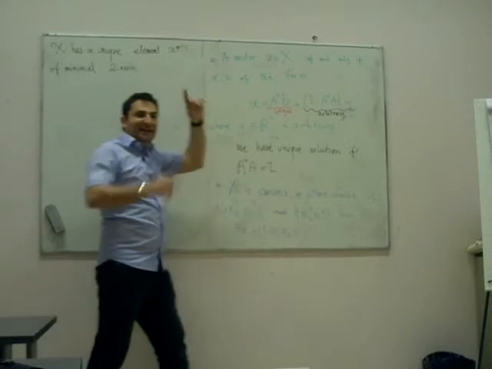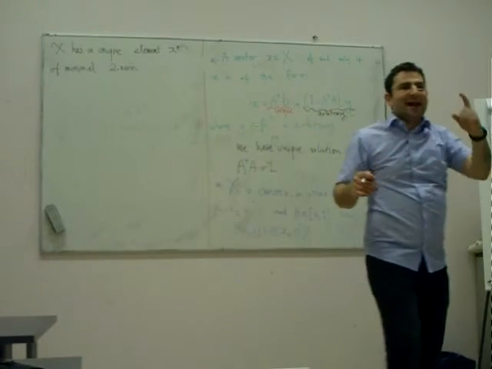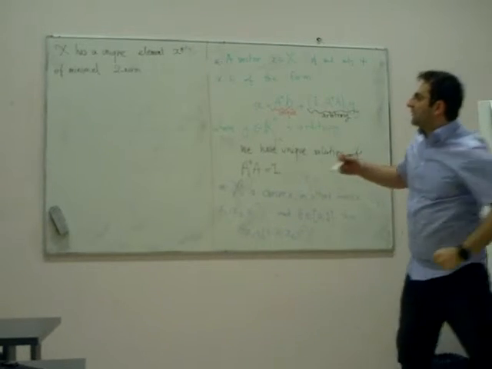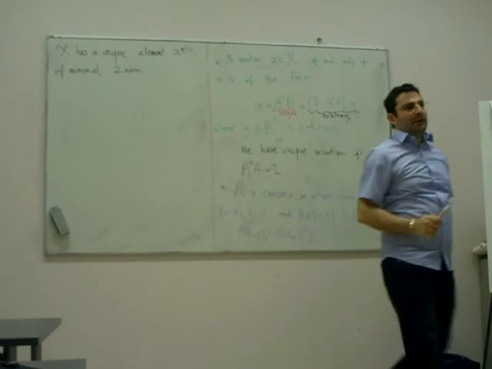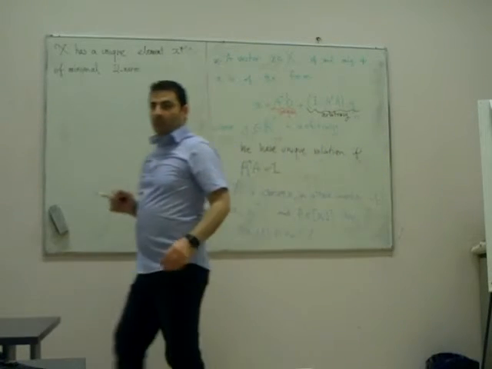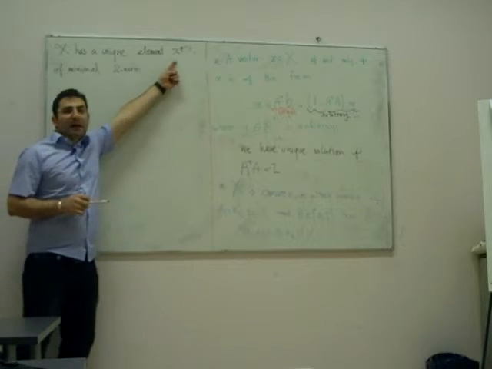It says that the vector space X has a unique element called X star, which is the minimal of the second norm. Can you guess what should be the X star? I mean, the answers are actually on the board. You have to just do a very simple matching. What is X star?